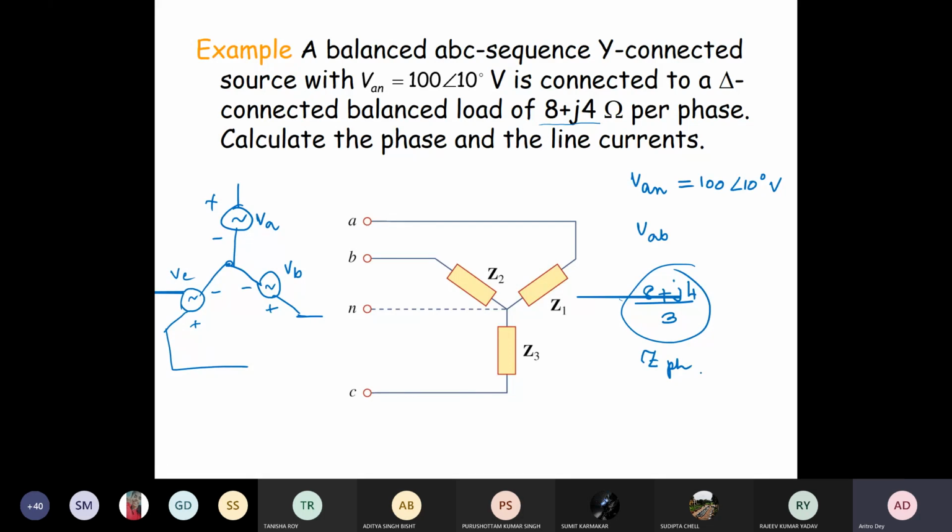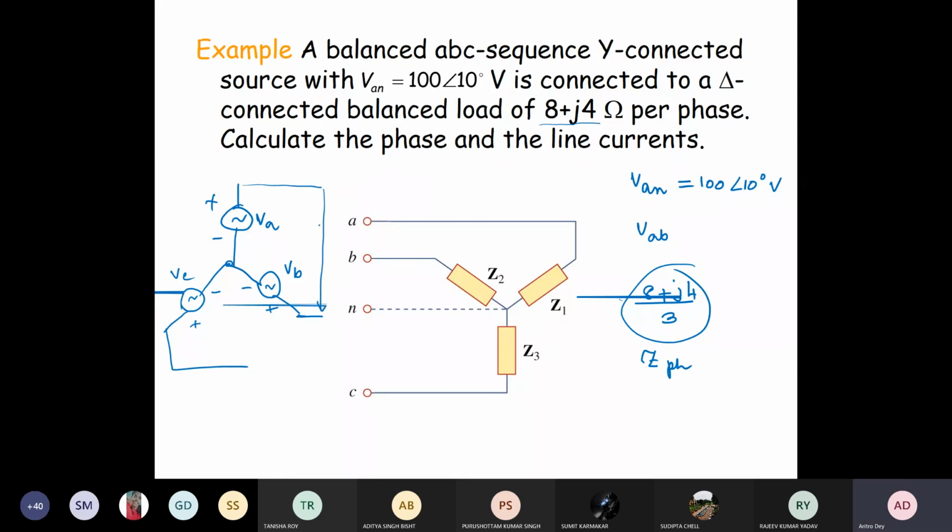You know Z per phase and the voltage per phase, so you can calculate the line current, which is the same as the phase current. Or there are alternative approaches.